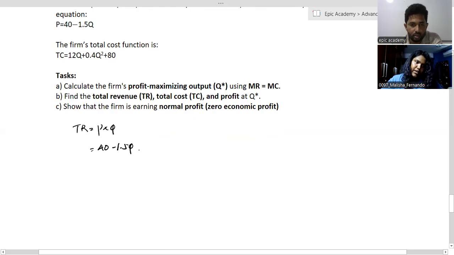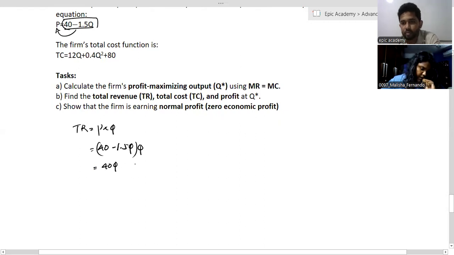No, this part represents the P. So then, within brackets, multiply by Q. Okay. 40Q, yes.